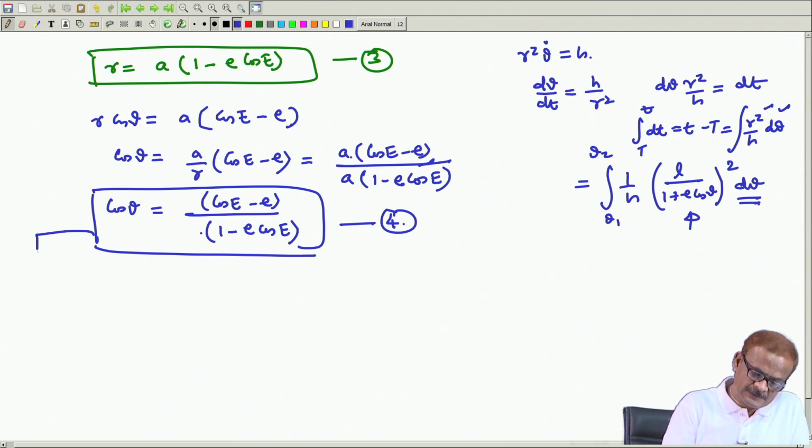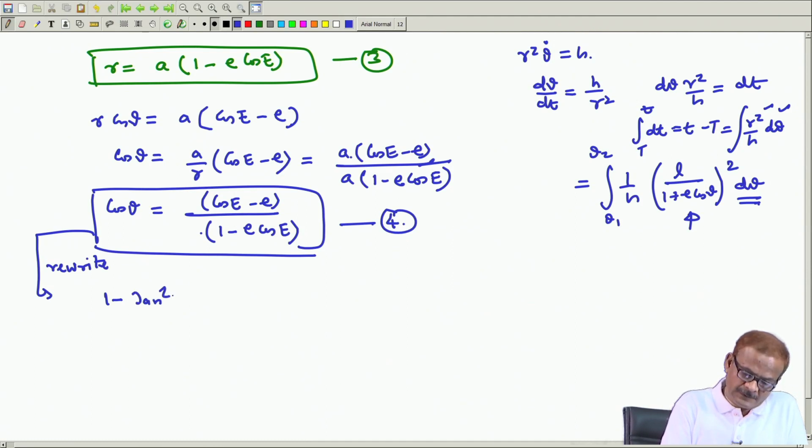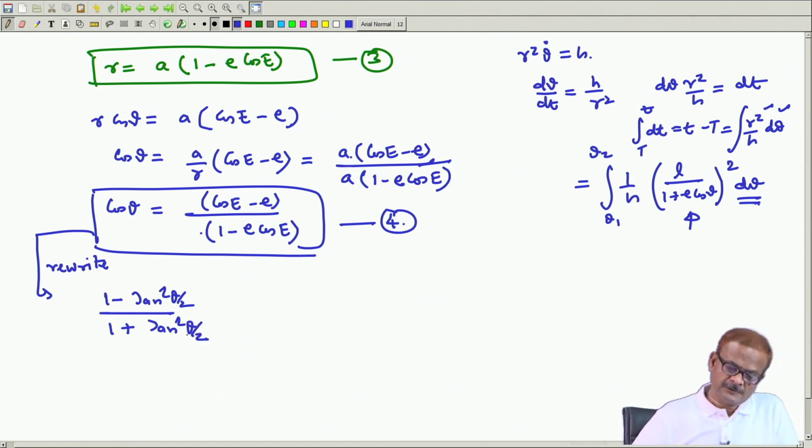This cos theta equation is rewritten as 1 minus tan square theta by 2 divided by 1 plus tan square theta by 2.